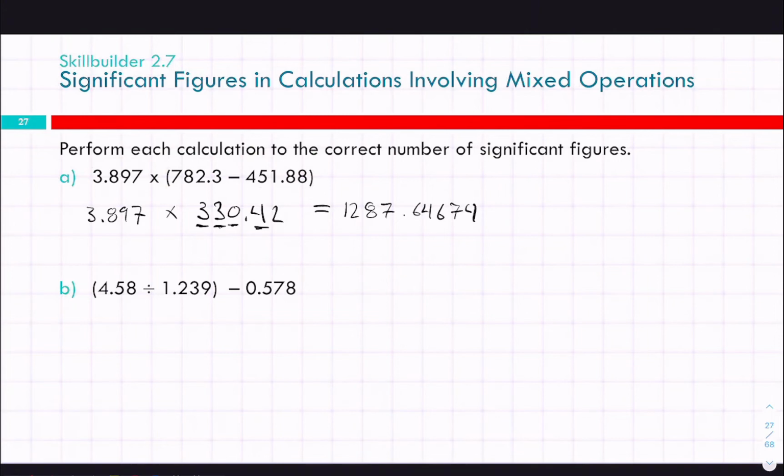So that 2 is not significant, but is still important to carry into the answer to avoid rounding errors. So we're only going to keep 4 of these. So, 1,288, because that's going to round up. And so this should be 1.288 times 10 to the 3.